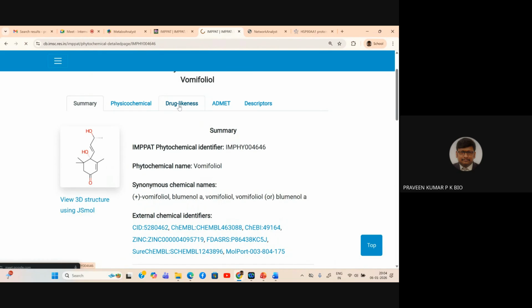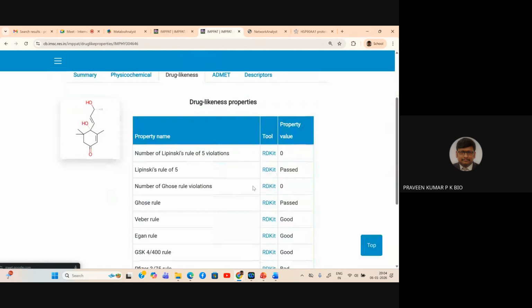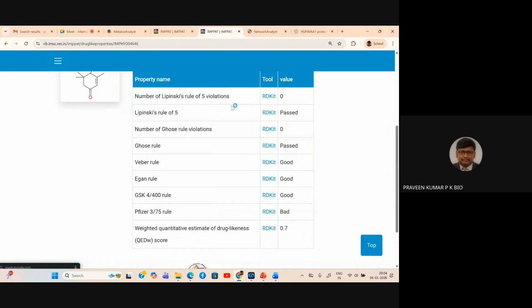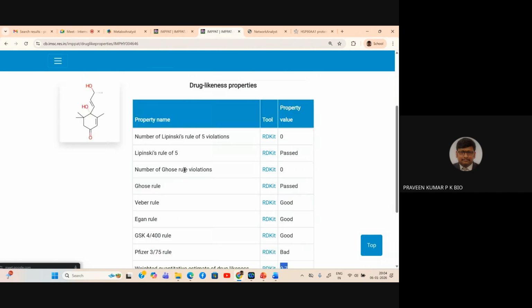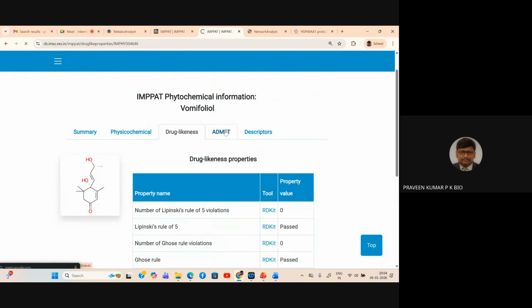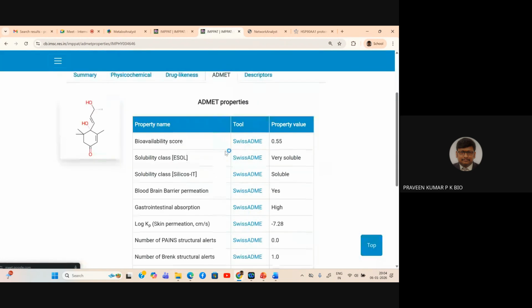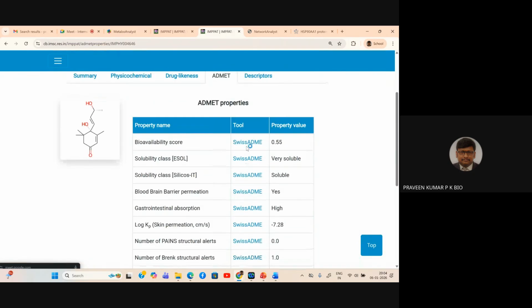So for a particular compound of Tulasi, a kind of phenolic compound, we can see the Lipinski rule, 5 violations, no violations, and it is even satisfying the other drug likeness filters. We can also see the drug likeness score as 0.7, and you can see the ADMET properties, like when I search with SwissADME.